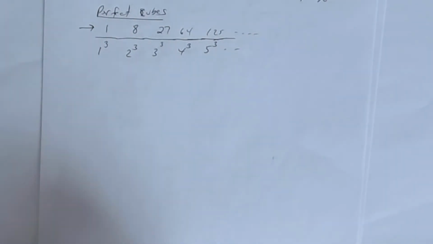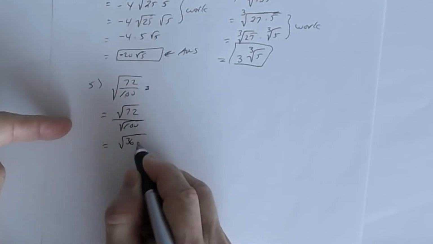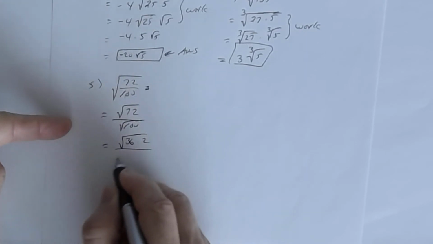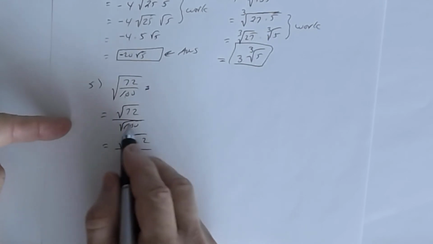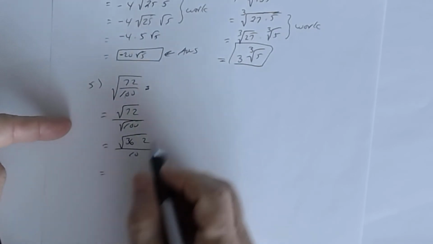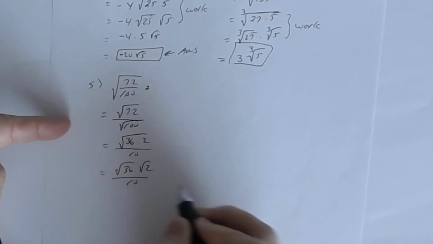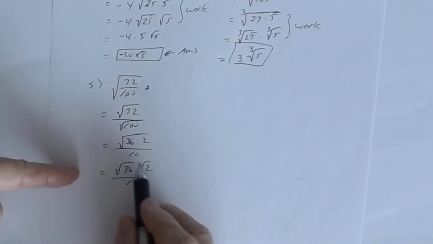So you're going to do this. That's going to be the square root of 36 times 2 divided by, now I'm going to go ahead and simplify the square root of 100, which is 10. So this becomes the square root of 36 and the square root of 2 divided by 10. And the square root of 36 is 6, right?